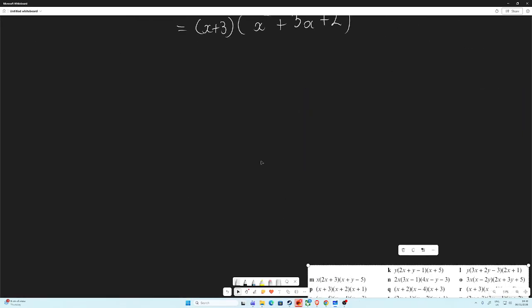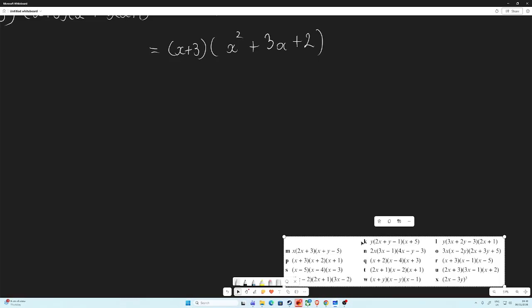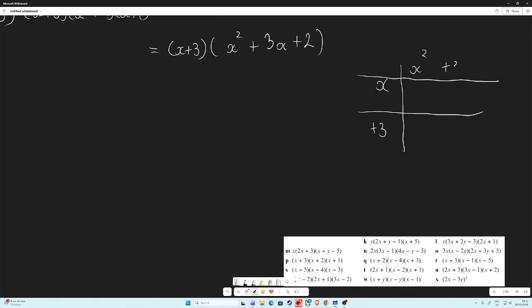Okay, so what I'm going to do here is use the grid method. So let's have a look. x plus 3, x squared plus 3x plus 2. Now we multiply everything with its corresponding term.